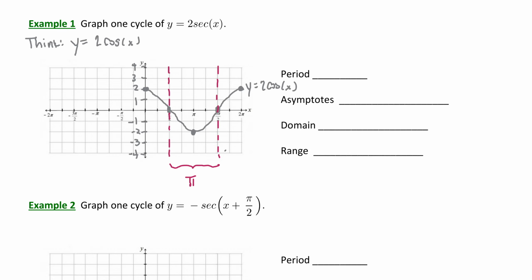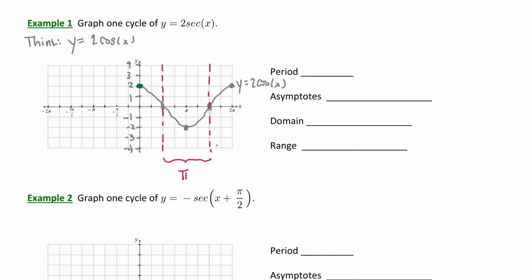Now, everywhere that cosine of x has a value of 2, secant is going to have that same value. Remember, secant of 0 is equal to 1, so 2 times secant of 0 is equal to 2. So everywhere that cosine hits a maximum or a minimum, secant is going to bounce at that location. And then remember, secant goes in the opposite direction of cosine.